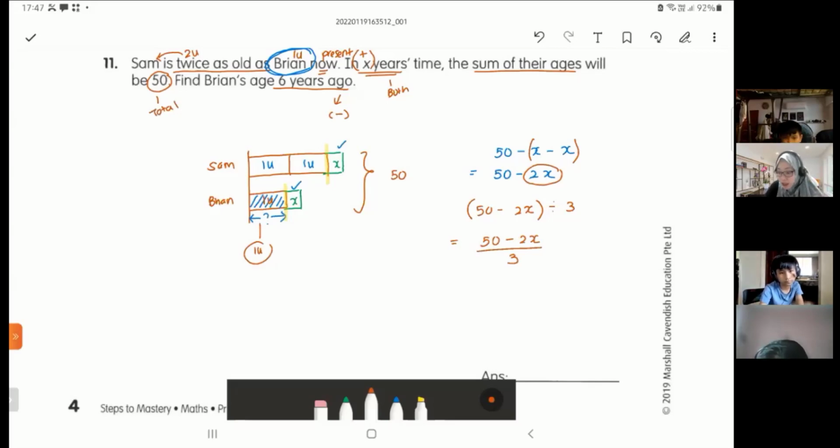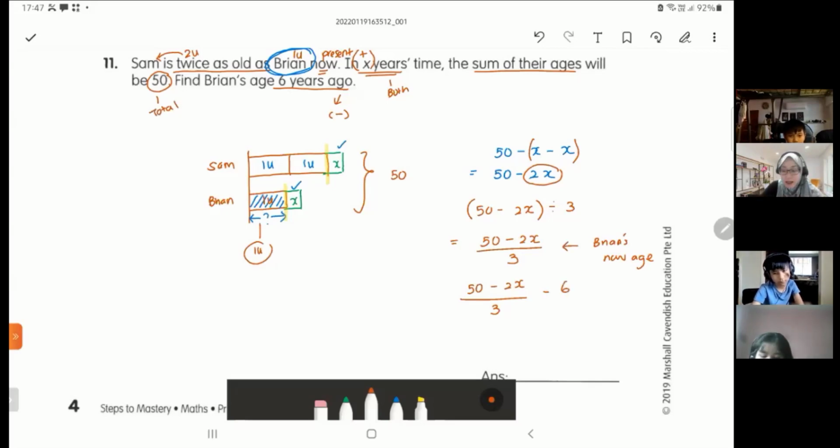So it's like this. I'm not happy yet because I need to find 6 years ago. So this is Brian's now age, but I don't want that. I want 6 years ago. So (50 minus 2x) over 3, minus 6.